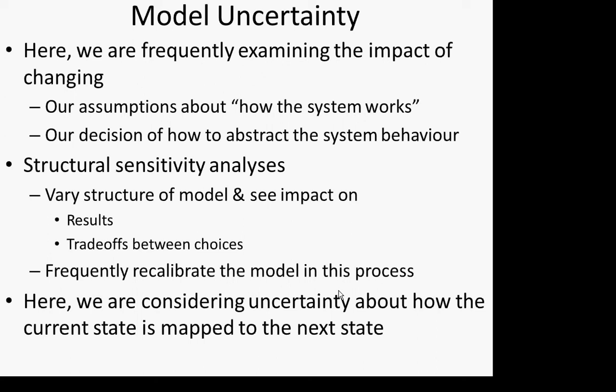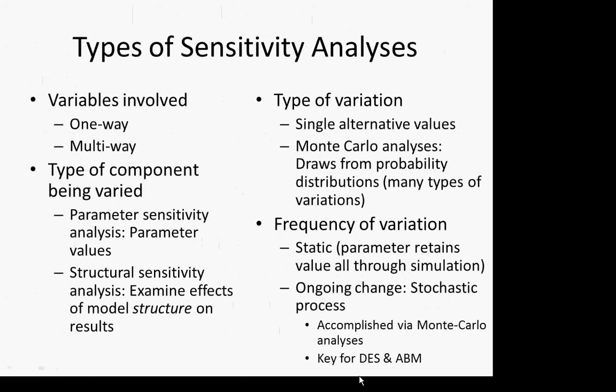Changing assumptions about the model being used is a different form of sensitivity analysis, but there's a wide variety of types you can do just with respect to parameter values.